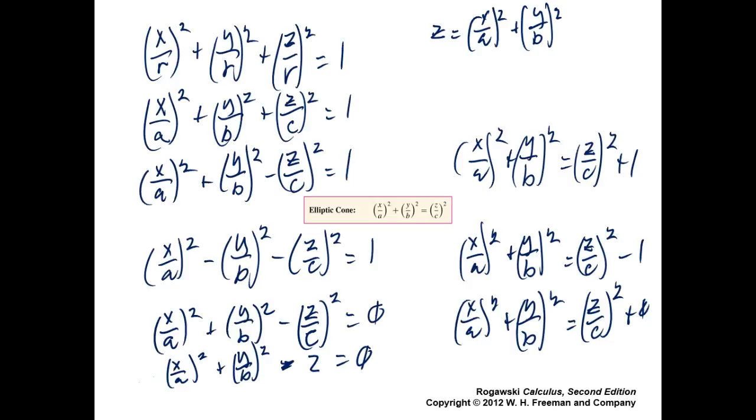Or when x is a constant, you have a parabola. So now you have an elliptic paraboloid, because you have ellipses going up and parabolas in the other dimensions.